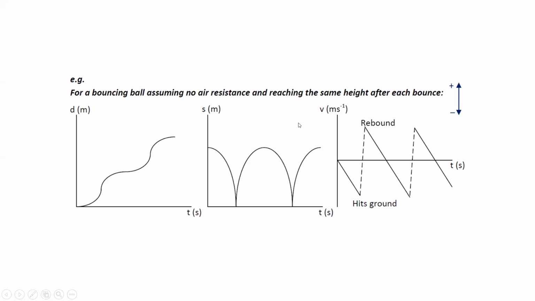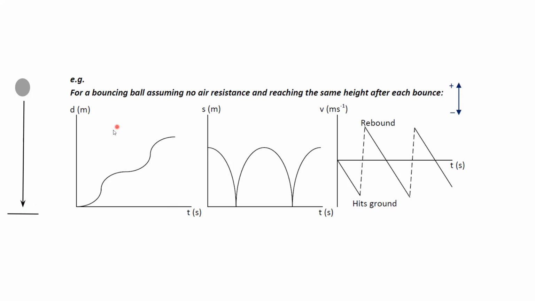For example, for a bouncing ball, when you drop an object from a certain height, as it is coming down, the distance from the origin is decreasing, that's why the displacement is decreasing. At this point the ball hits the ground.